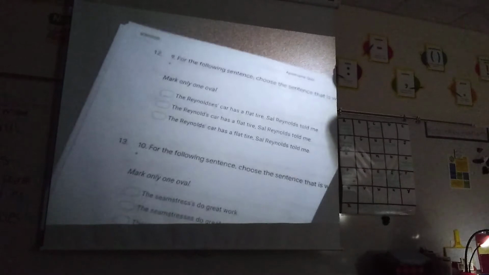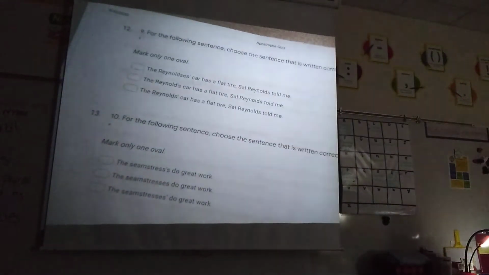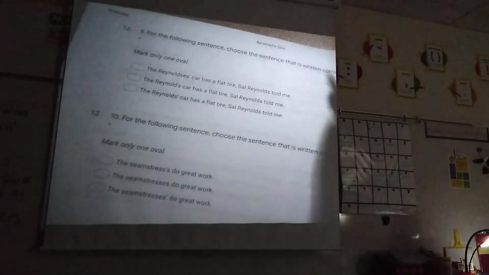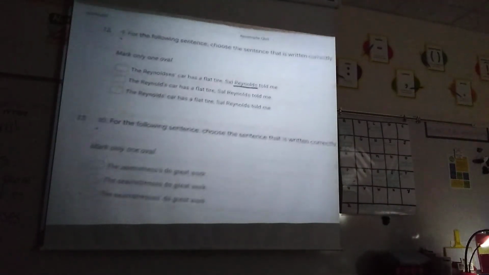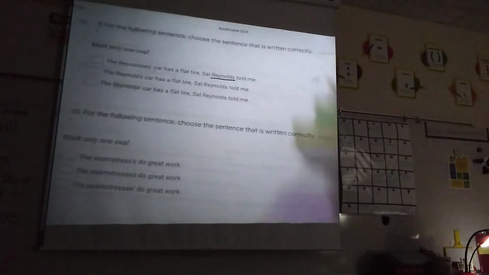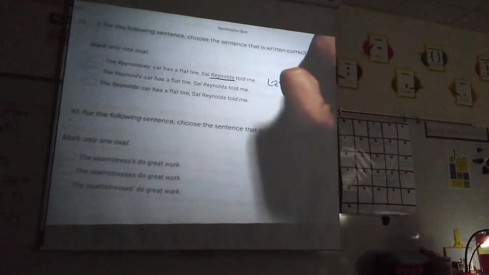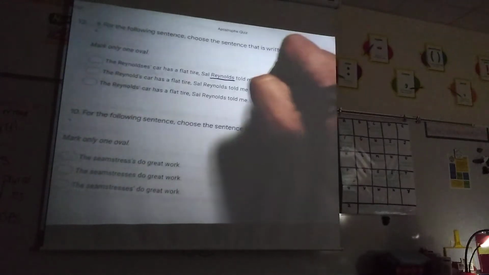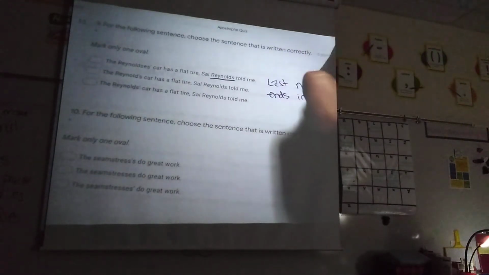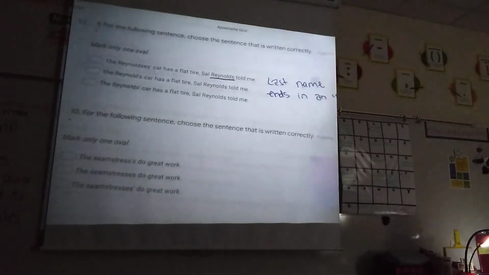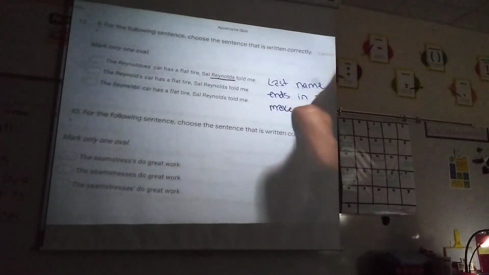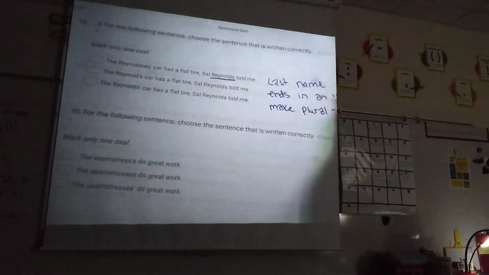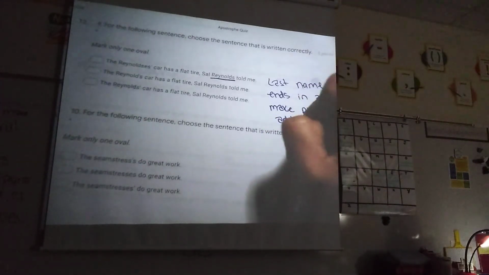The next one, looking at number 9. The Reynolds' car had a flat tire, Sal Reynolds told me. We know from this that their last name ends in an S. So our rule is when a last name ends in an S, to make it plural, you would add ES.